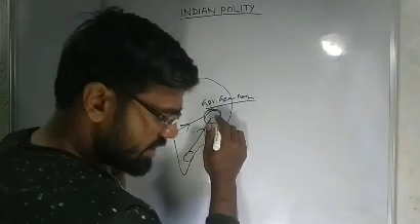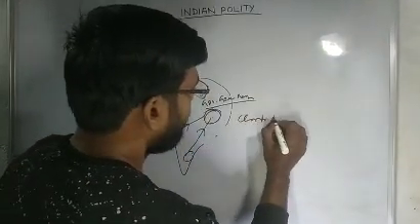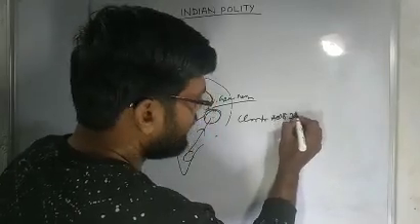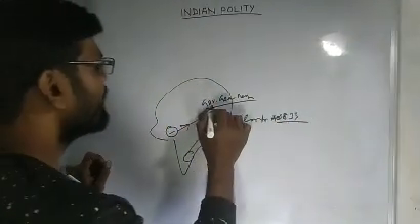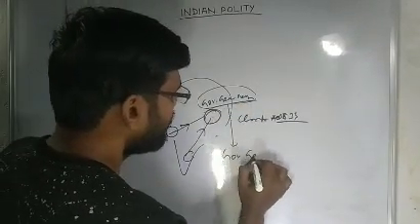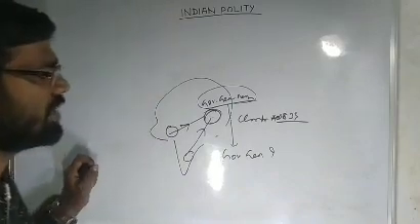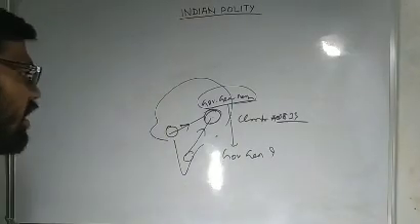So an act was there known as the Charter Act 1833. Under this act, the Governor General of Bengal became known as the Governor General of India.